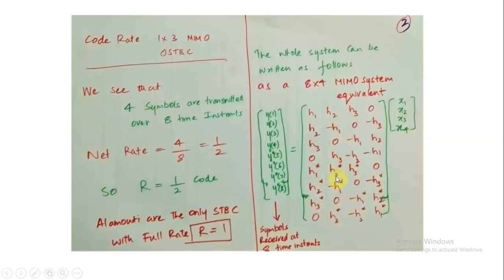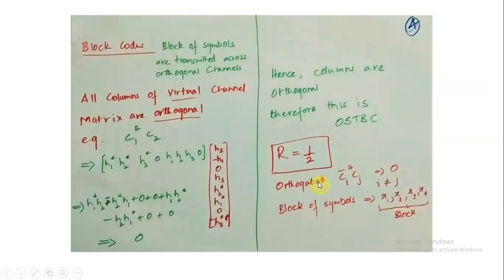All the elements of the channel are orthogonal to each other, and this whole submatrix is orthogonal to this submatrix. This is the reason these codes are called orthogonal space-time block codes.